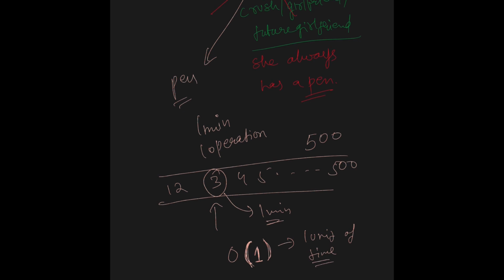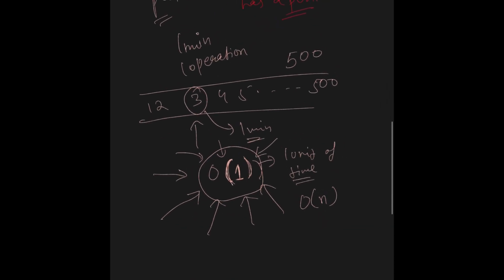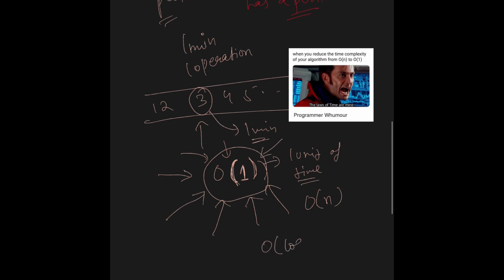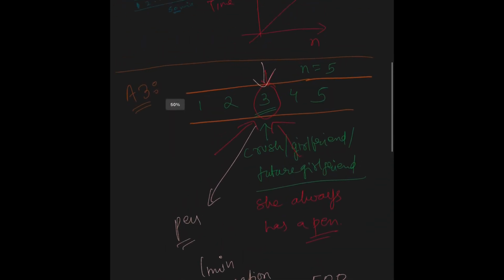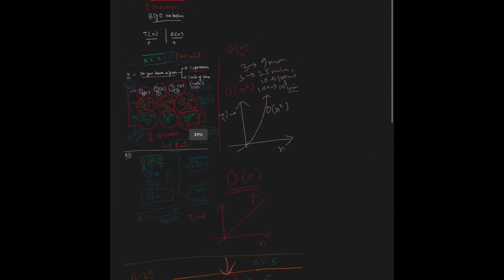And in programming, we try to reduce the approach to O of 1. That's sometimes not possible, and maybe rarely possible, but we try to get here, or at least we try to get here O of n or O of log n. More about log n later, but this is the basic intuition of time complexity.